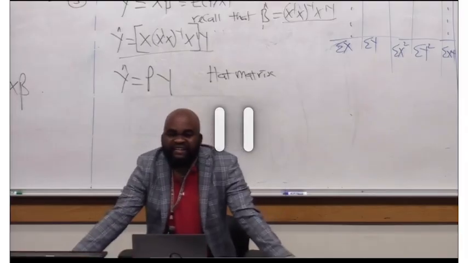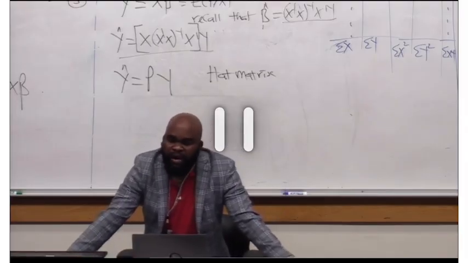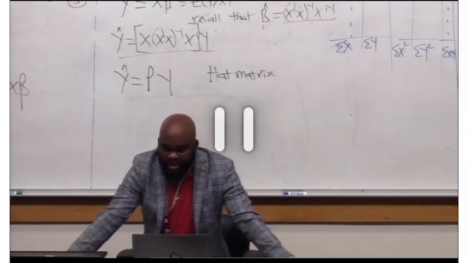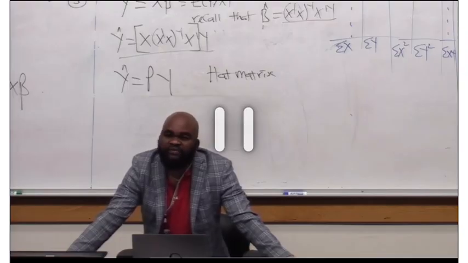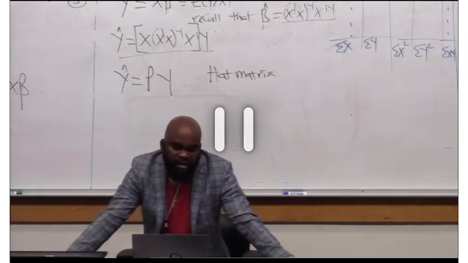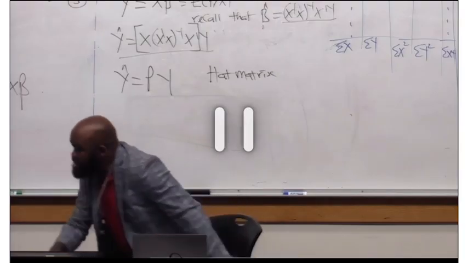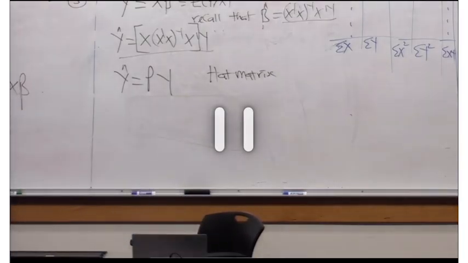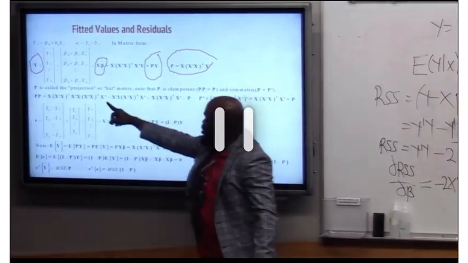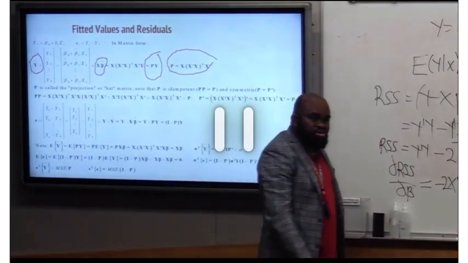Because of that, the validity of whatever we're going to be doing here will depend on the properties of the hat matrix. Because of that, I want us to work with the hat matrix. What is the hat matrix? P. This particular matrix that we also call the projection matrix.